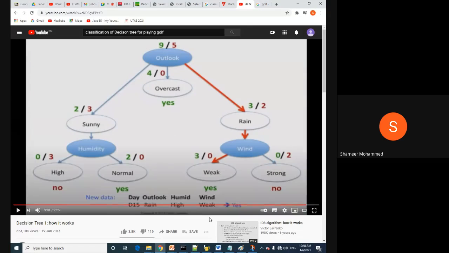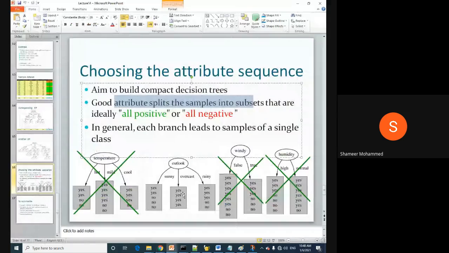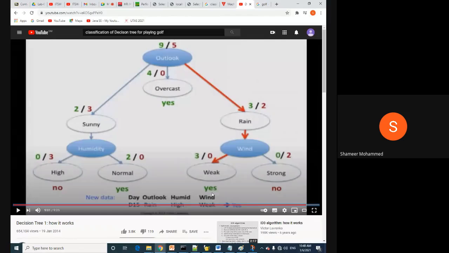It is telling how many positives, how many negatives. So based on that, the decision can be taken here.